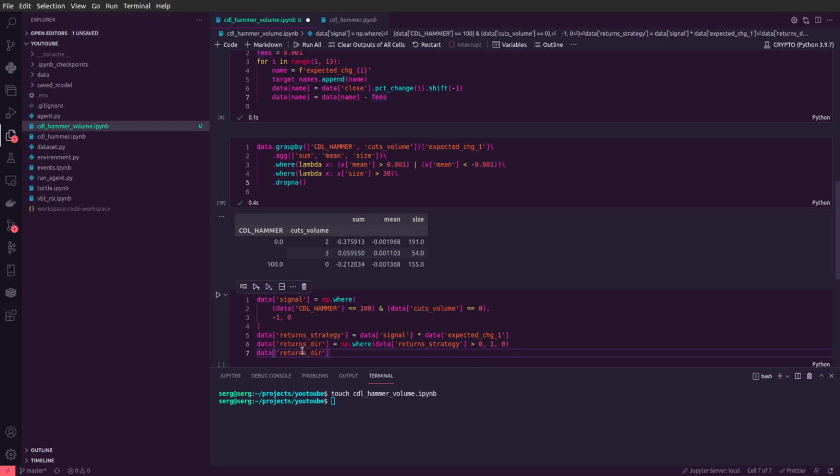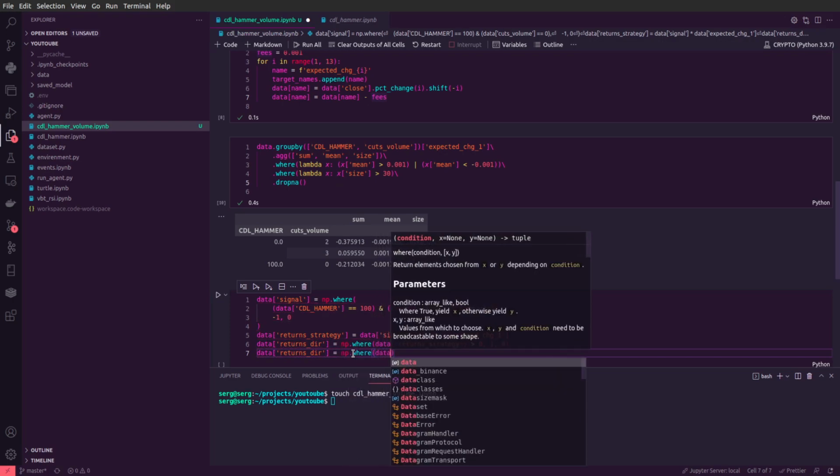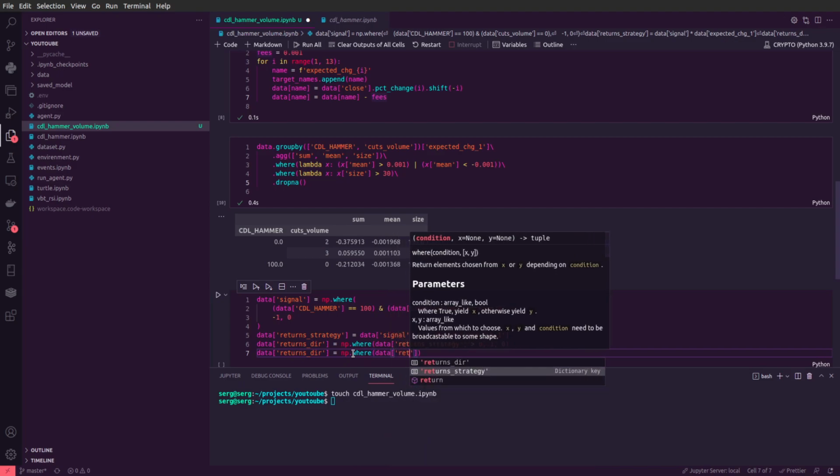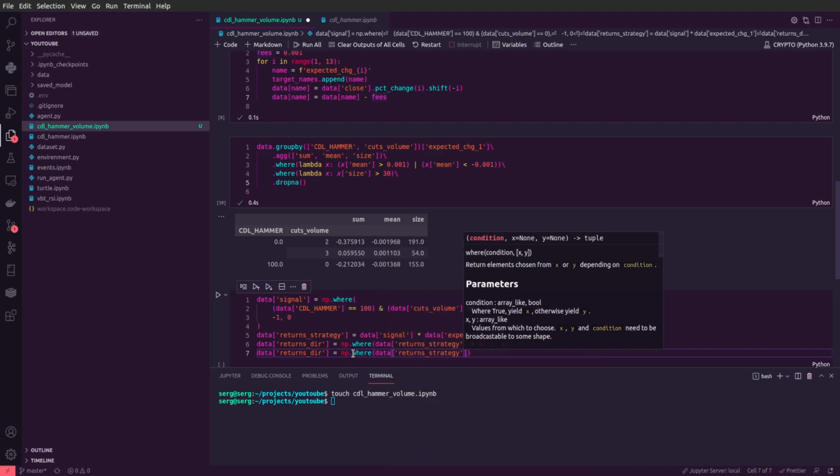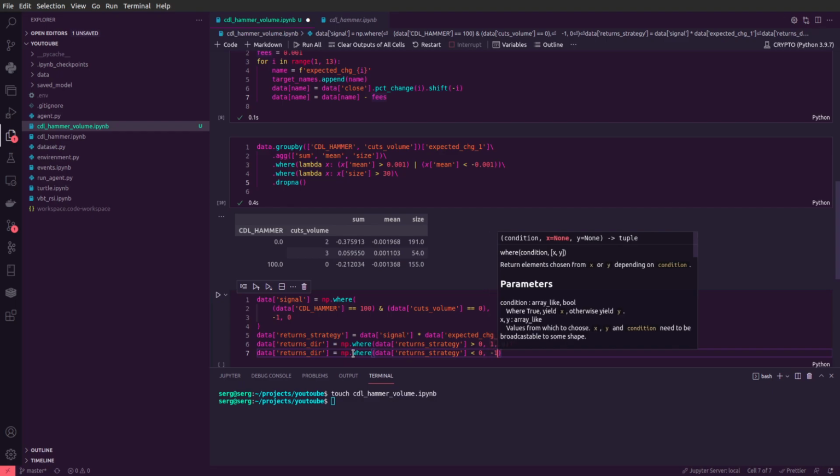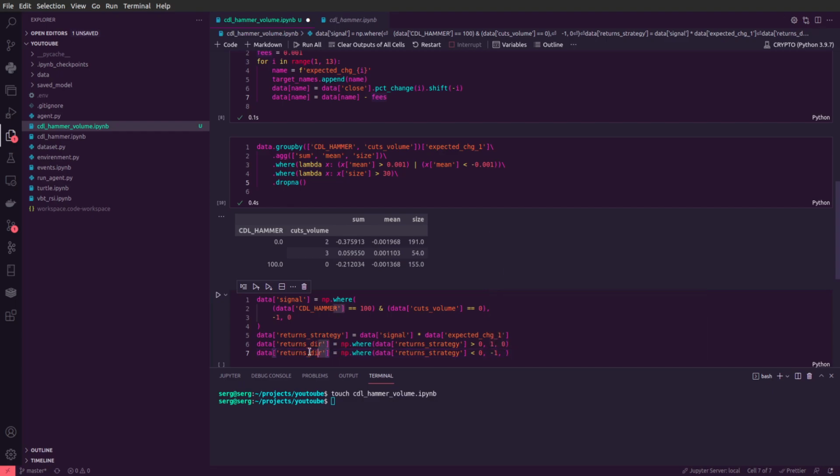Numpy where, and we indicate returns strategy less than 0 would be -1. If it happens, we input the previous variable. Okay, it's clear.